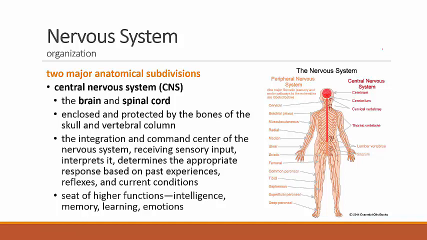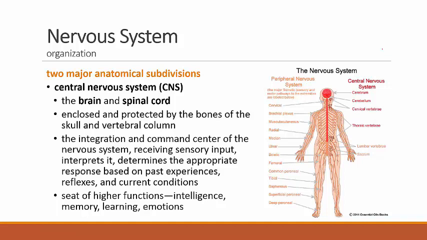The central nervous system, the brain and the spinal cord, are the integrating and command center of the nervous system. It receives the sensory input, interprets it, including creating sensations as appropriate, and then determines the appropriate response based on experiences, based on reflexes, and we're going to talk about reflexes in this chapter.